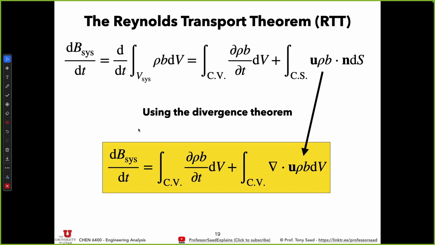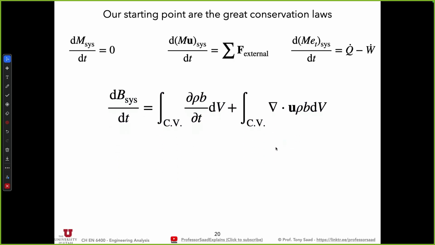I'm just looking at how things change at fixed points in space. Okay, they change in time and they change from point to point, but you're not tracking any fluid particles, any fluid elements.